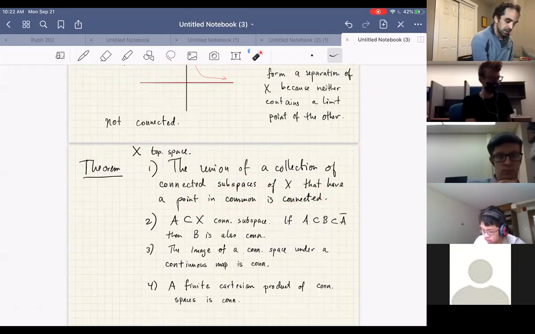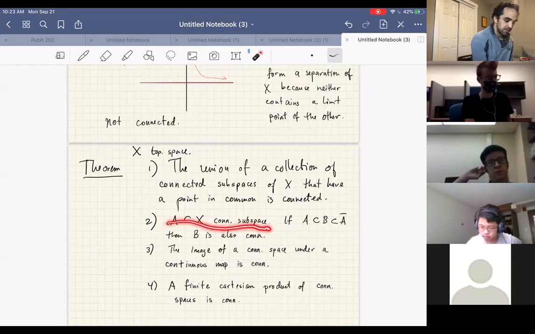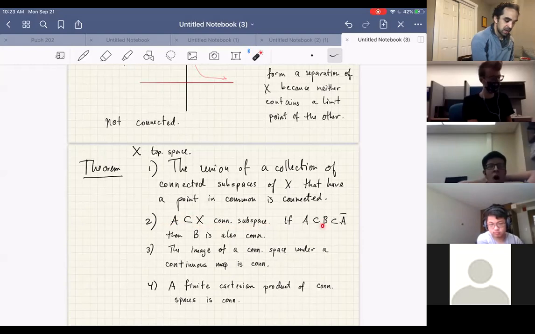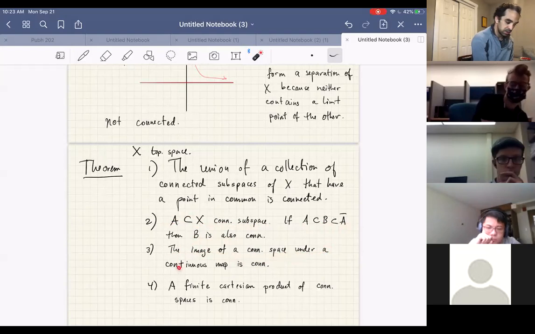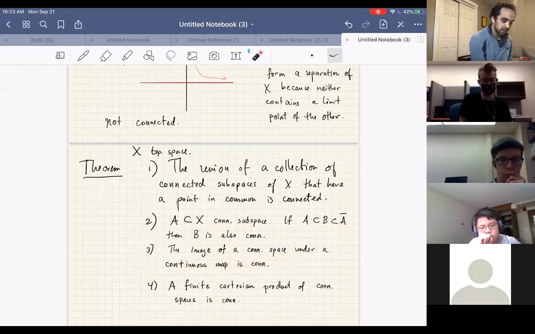We're going to prove that if A is a connected subspace of X and B is a subspace which contains A but is contained in the closure of A, then B has to be connected as well. We're going to prove that the image of a connected space under a continuous map is again connected, and we will prove that a finite Cartesian product of connected spaces is again connected.